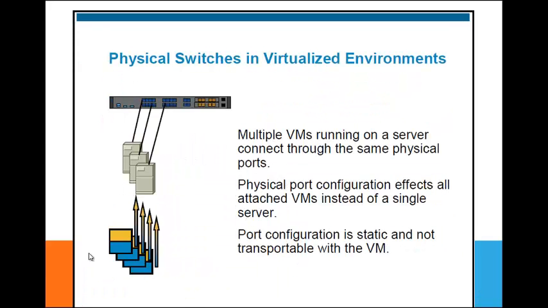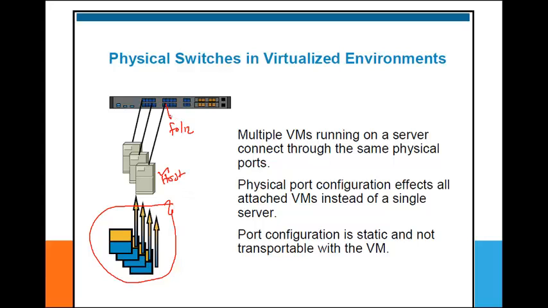Now here again, this explains what, this server has 4 VMs, 4 virtual servers. This physical host has 4 virtual machines, and this host is connected to one of the ports, let's say FastEthernet 0/12.